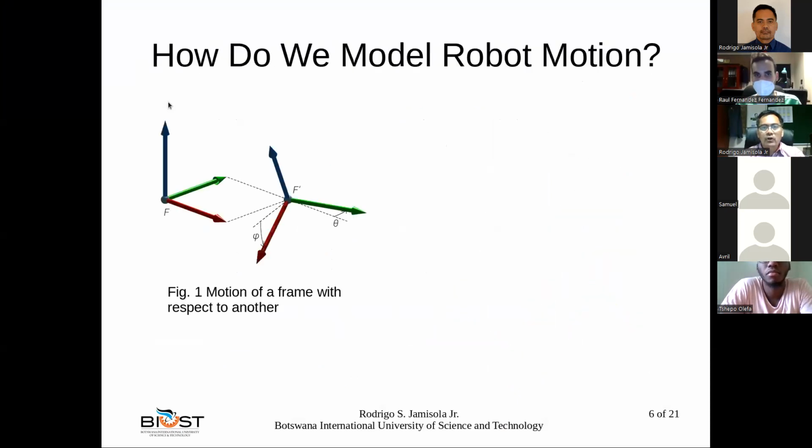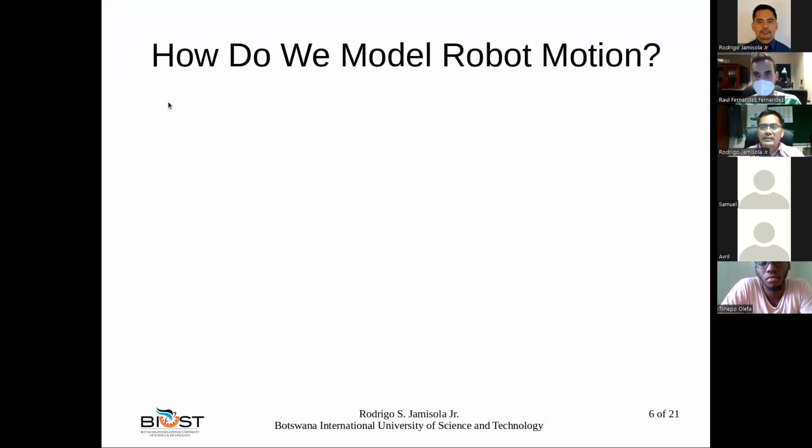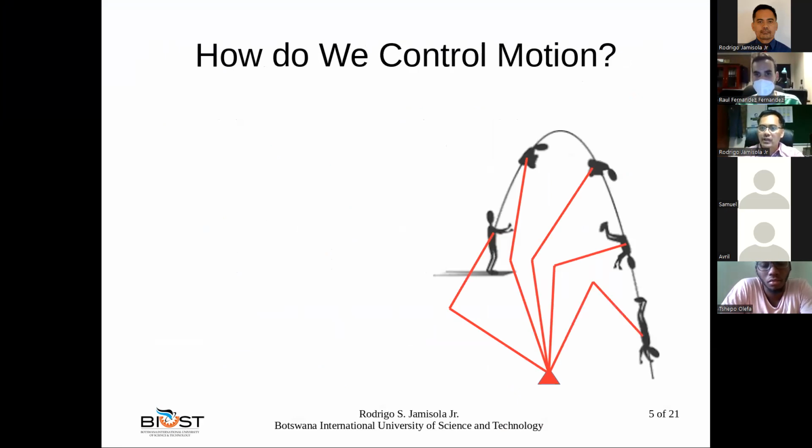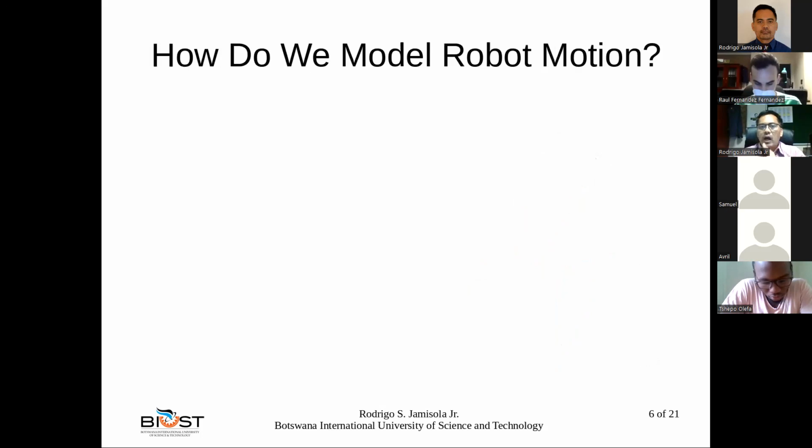So now, how do we control? How do we model? One way is, how do we control motion? We control motion by providing a robot that will eventually control what happens to the person, the workpiece, or anything attached to the robot, with respect to the environment. That's how we control, because our only tool is the robot. Now, how do we model? When we say model robot motion, it means how do we express the motion in mathematical terms?